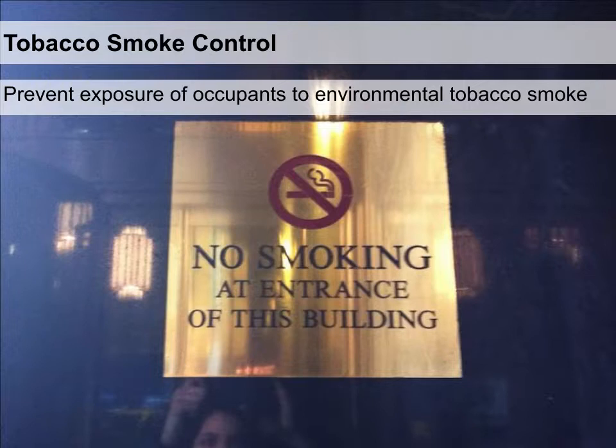So, a lot of times LEED, for example, will suggest that you put designated smoking areas at least 25 feet away from any building opening. So that also means not smoking on things like balconies.